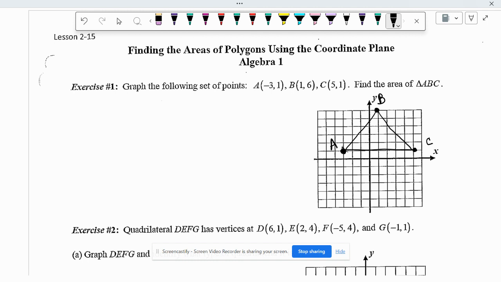So this is actually a really nice problem for us to start off with. So how do I find the area of a triangle? It is, exactly. It's the base times the height divided by 2.